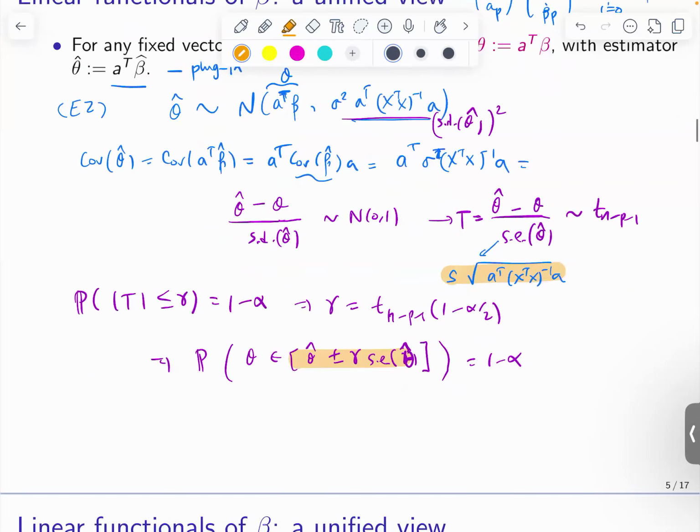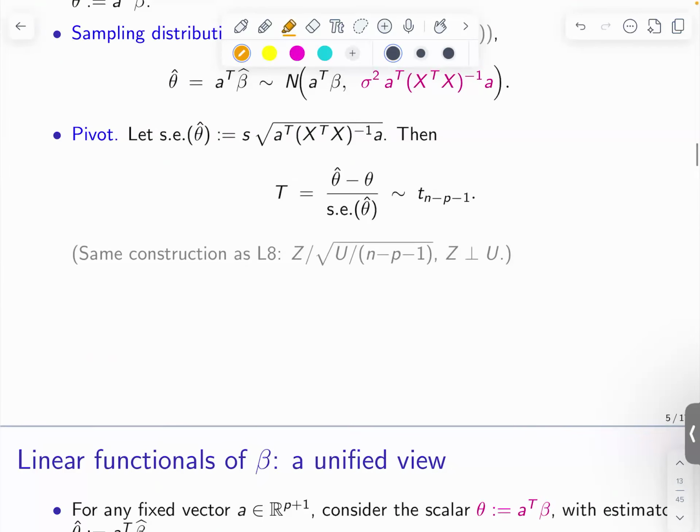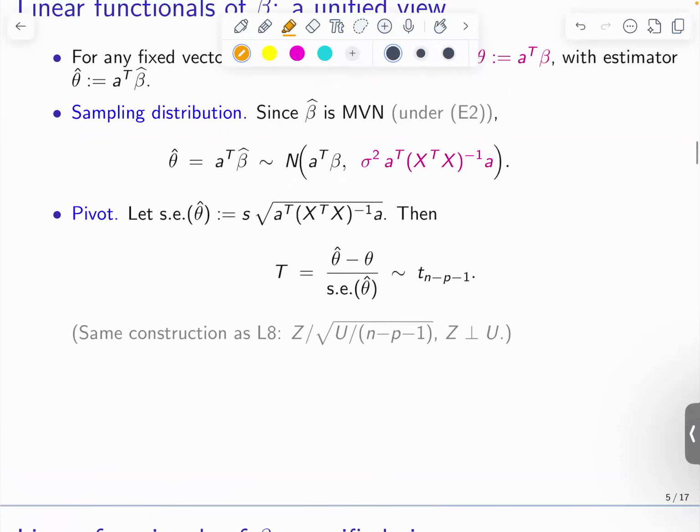The whole reason is that this T, you can write it as Z divided by the square root of U over n minus p minus 1, where Z and U are independent. The degrees of freedom comes from the degrees of freedom of the residual. It comes from that s that appears in the denominator. I encourage you to do it again for yourself. If you go through the argument, you really see it's basically the same.